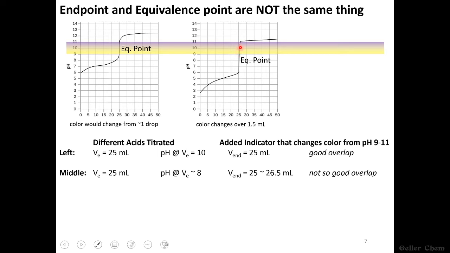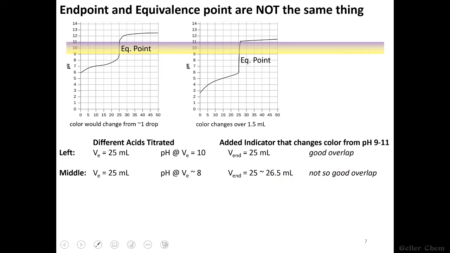And it won't complete its color change until we reach a pH of 11, which we can see takes some volume past 25. So the color would not change from just a drop or two. It would actually take like 1.5 milliliters according to this titration curve. So it's not a great overlap with the equivalence point, and it's not the best indicator.